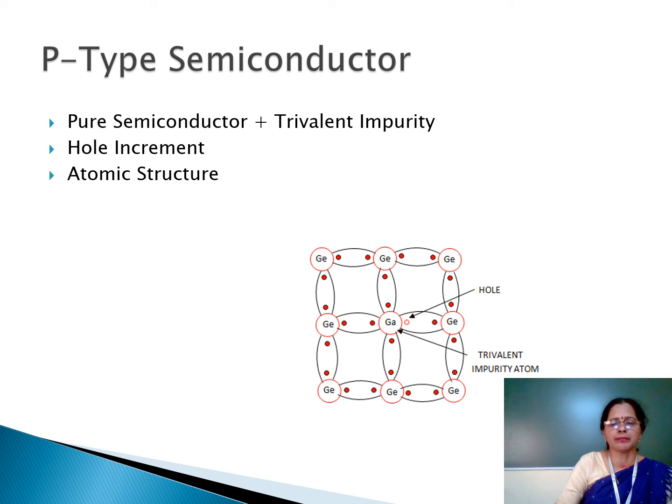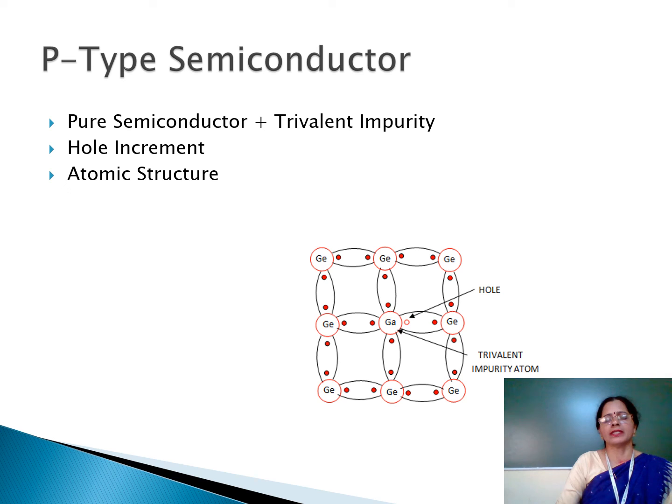Suppose we consider a pure semiconductor like germanium, and let us consider one trivalent impurity, that is gallium. We can also take indium. We know gallium has 3 valence electrons. These 3 valence electrons of gallium will make 3 complete covalent bonds with 3 germanium atoms. But the 4th covalent bond is incomplete.